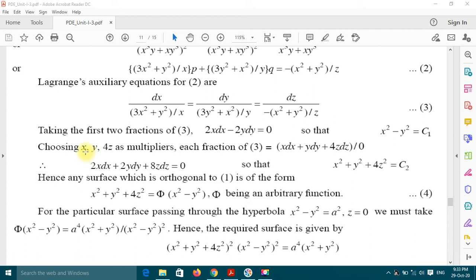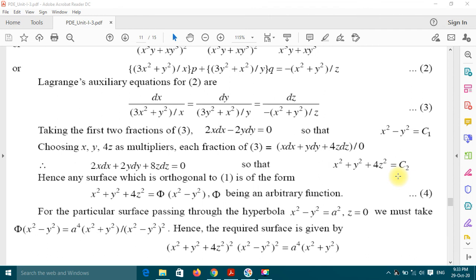We choose the multipliers x, y and 4z. By the well-known principle of algebra, each fraction of 3 is equal to (x dx + y dy + 4z dz) upon 0. So after simplification we get 2x dx + 2y dy + 8z dz = 0, and now integrate it, then we get x² + y² + 4z² = c2.